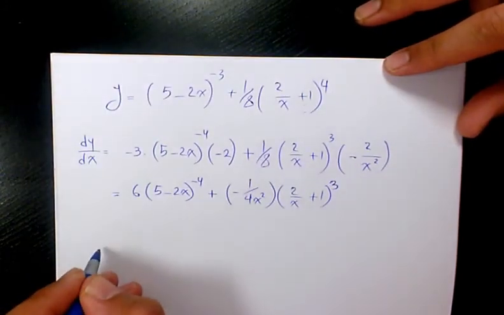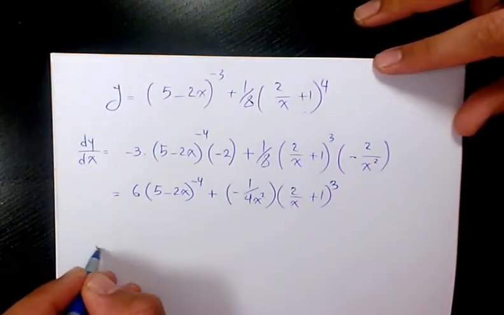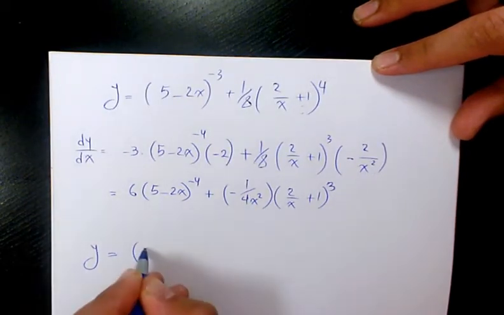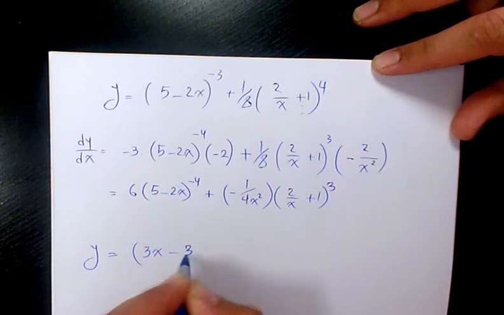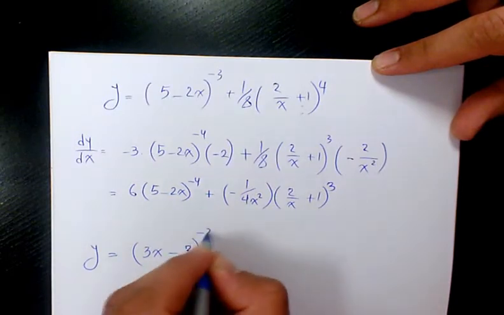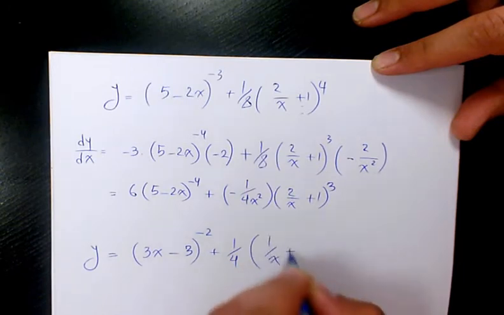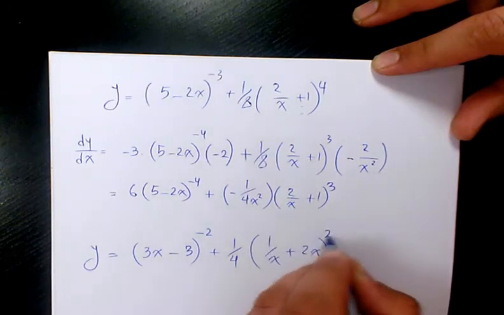Another example, we have y equals (3x minus 3) to the power of negative 2 plus 1 over 4 times (1 over x plus 2x) to the power of 2.